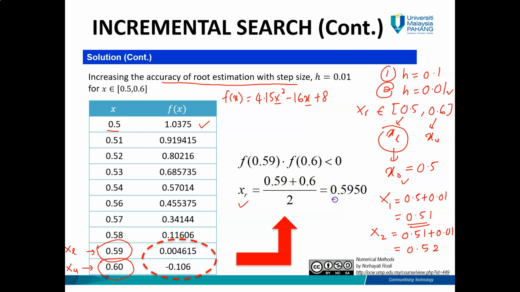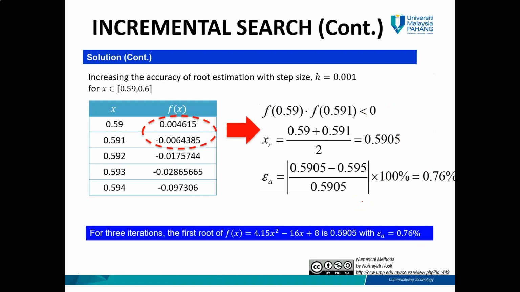You use your calculator, you will get your root equal to 0.5950.